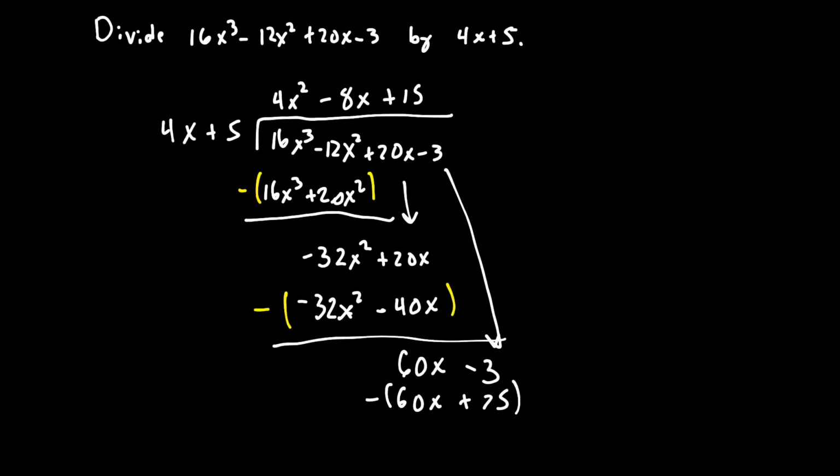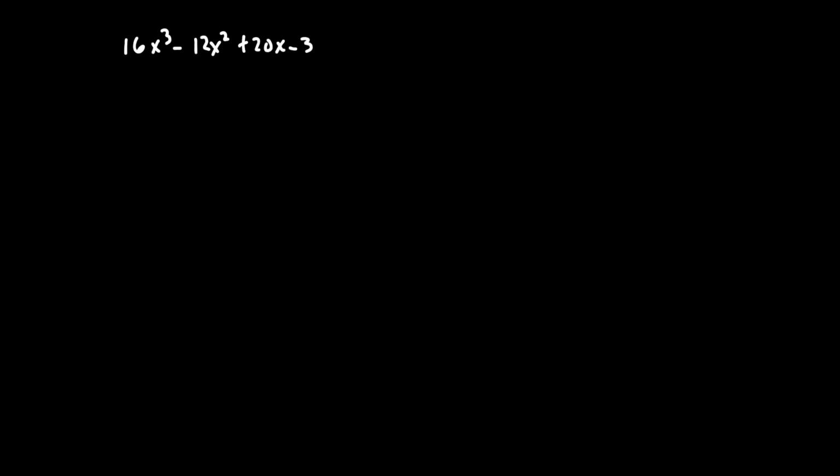Multiplying it by negative 1 and then adding it to the term above it, our 60x's cancel out, and we're left with a negative 78. Since negative 78 doesn't have any x terms, and the degree of negative 78 is less than the degree of 4x plus 5, we're done. What the division algorithm tells us is the following. The polynomial 16x cubed minus 12x squared plus 20x minus 3 is equal to 4x plus 5 times 4x squared minus 8x plus 15, minus 78.